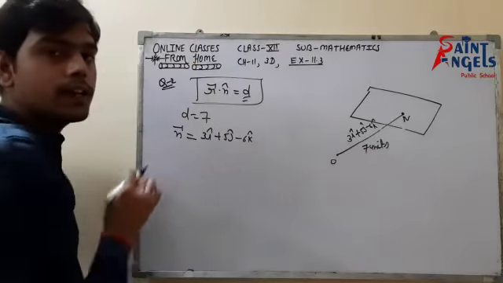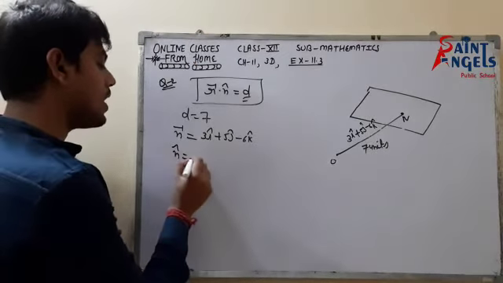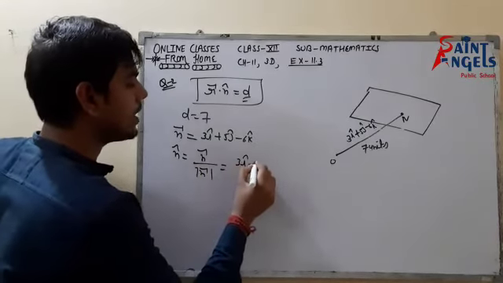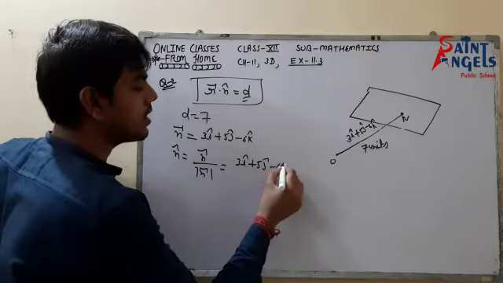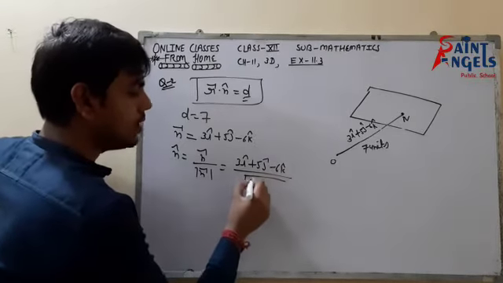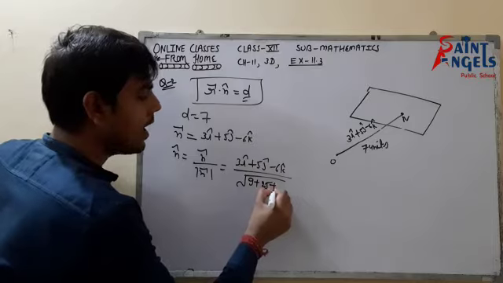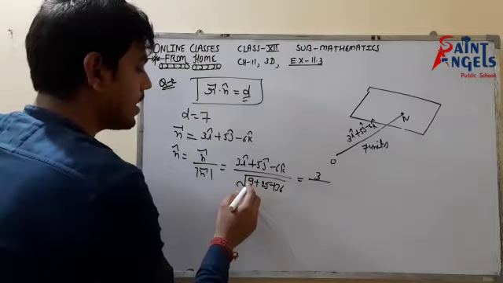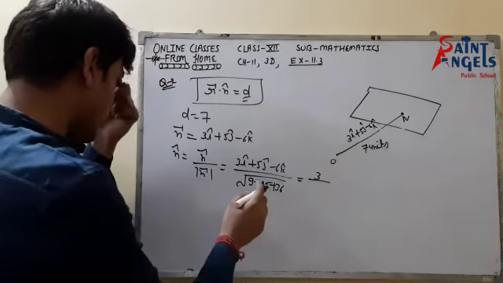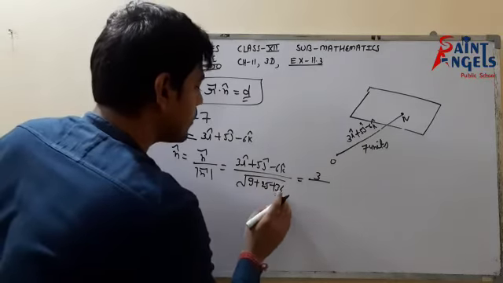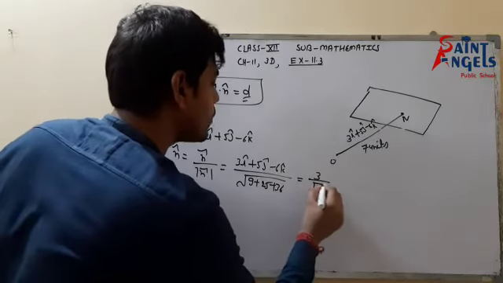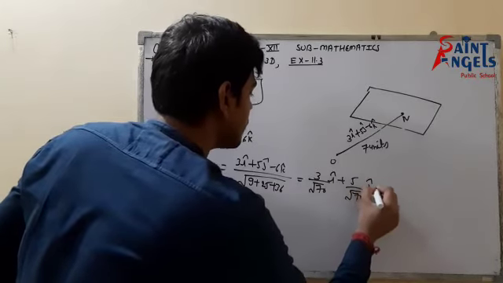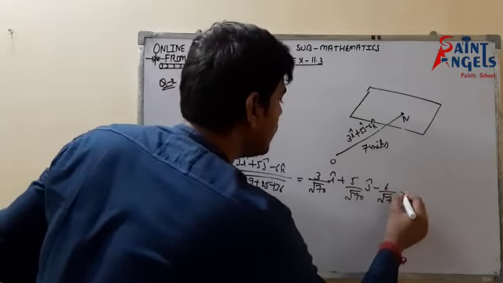So we have to find the unit vector. n cap would be n vector upon magnitude of n vector. So that is 3 i cap plus 5 j cap minus 6 k cap upon under root 3 square, 9, plus 25, plus 36, that would be 70. So that would be 3 upon under root 70 i cap plus 5 upon under root 70 j cap minus 6 upon under root 70 k cap.